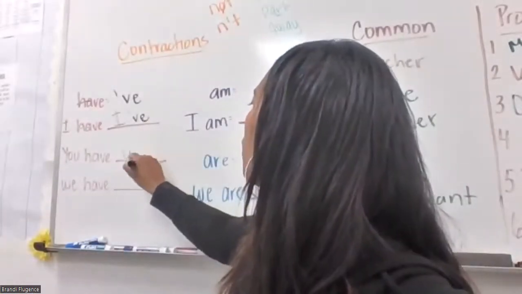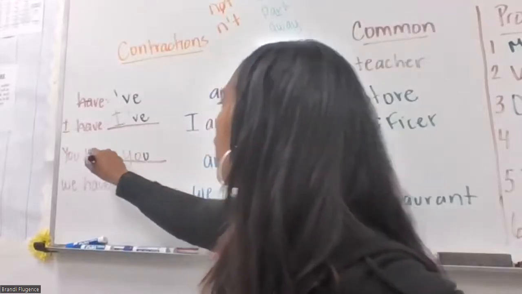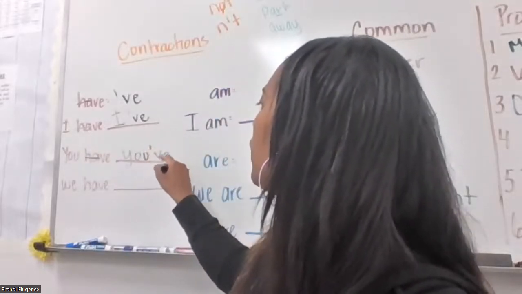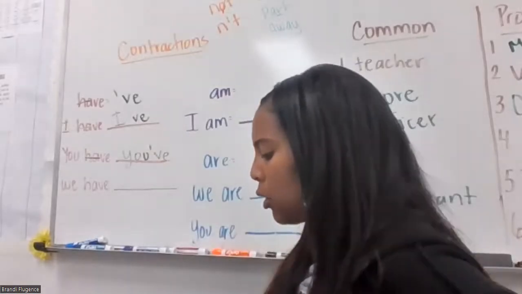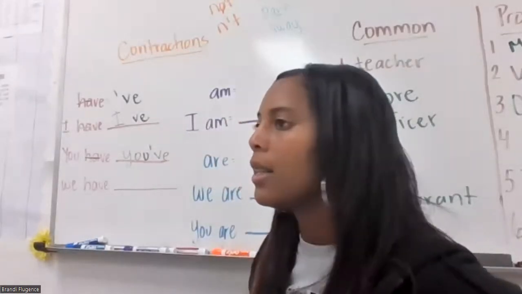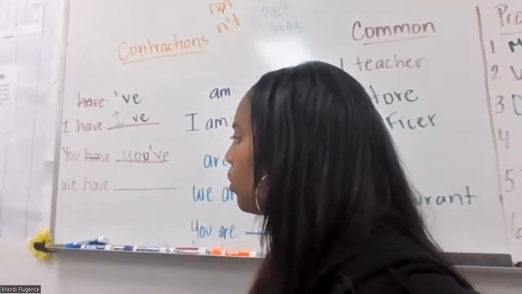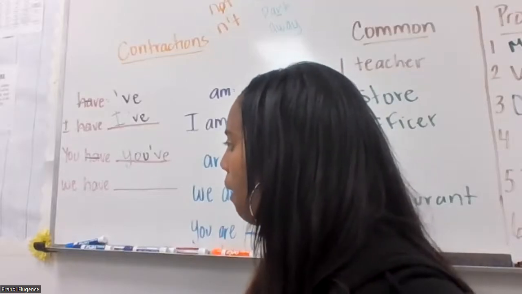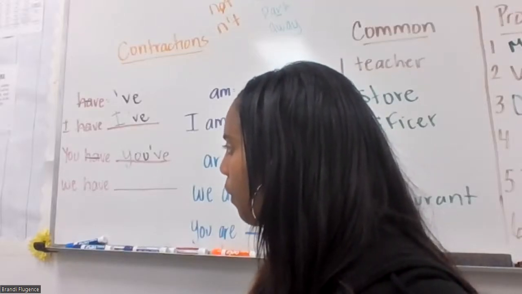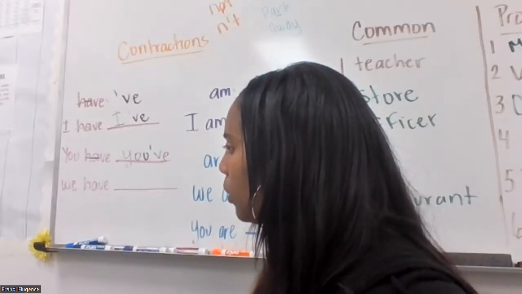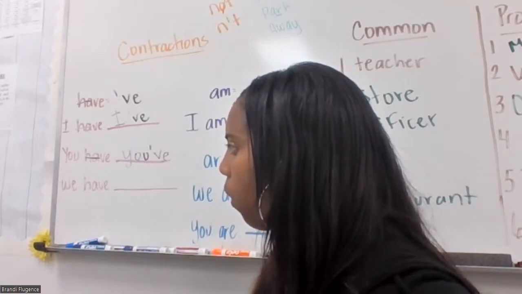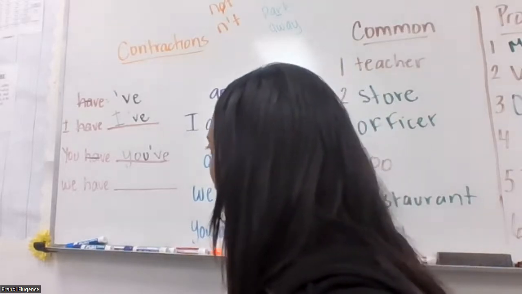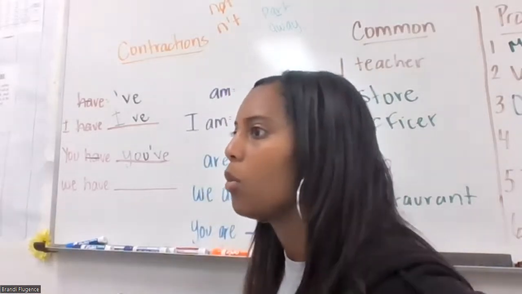You've. Y-O-U, take out H-A, apostrophe V-E. And we have, if I contract we and have together, it becomes we've.